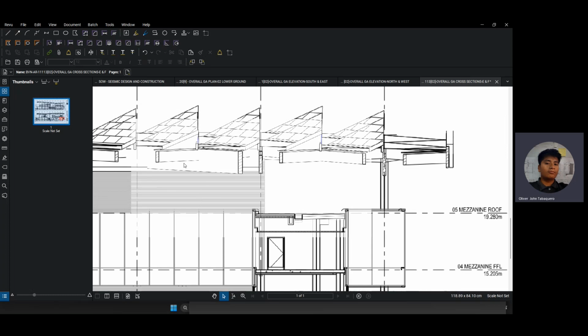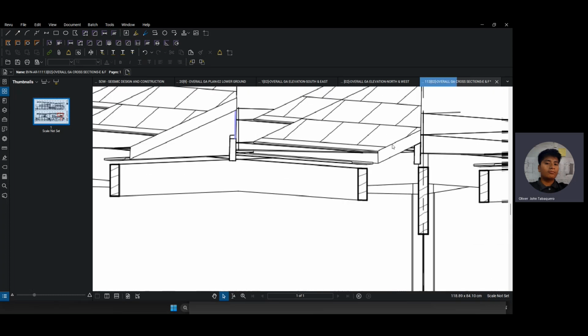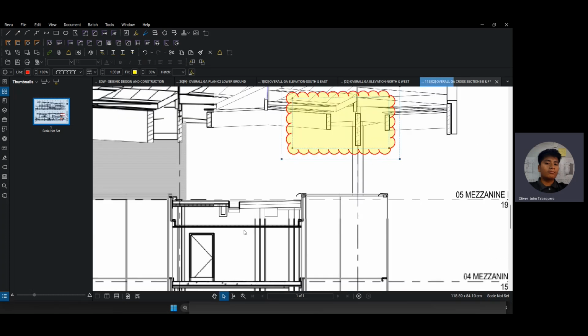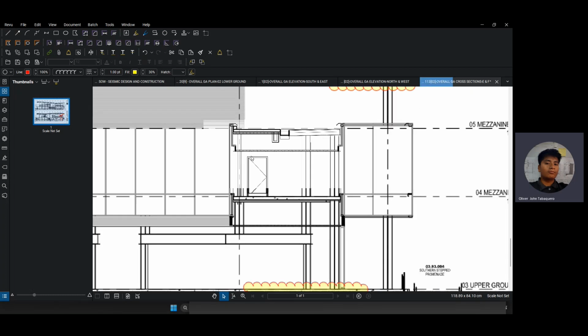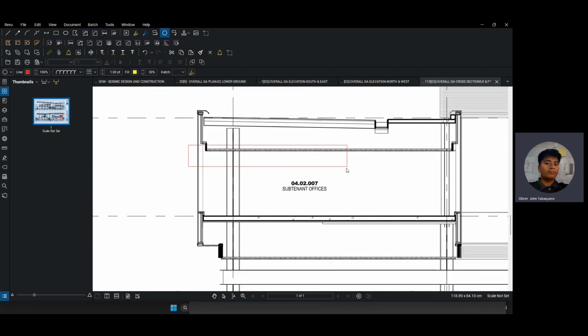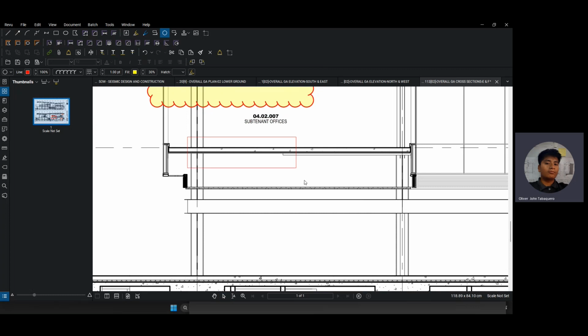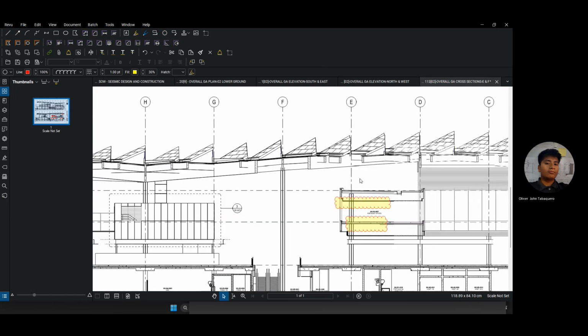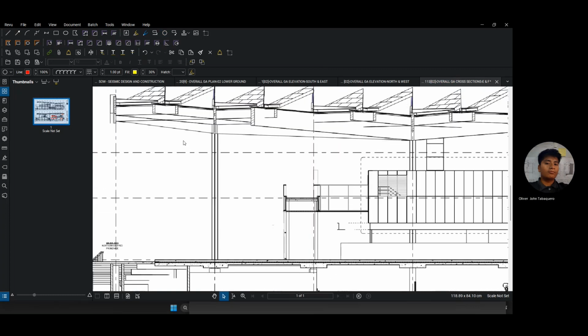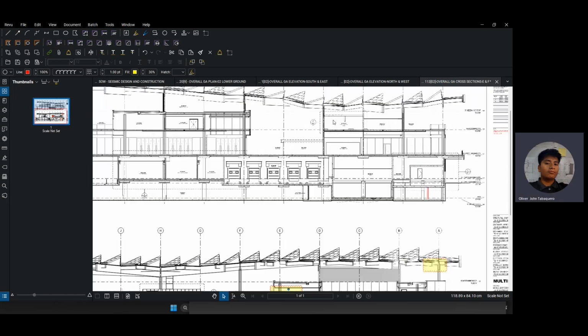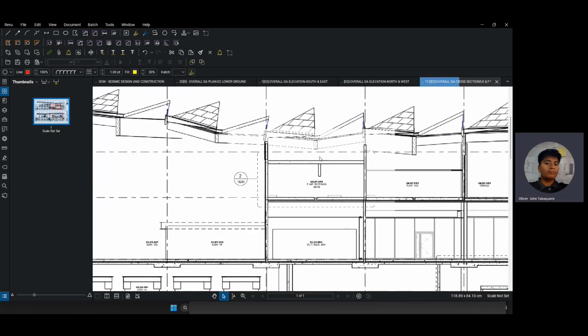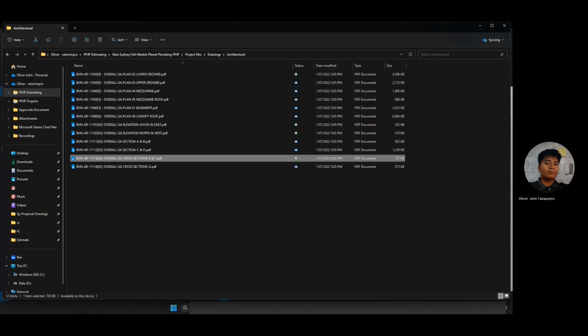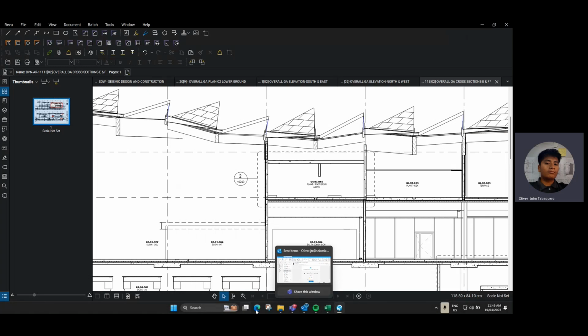But going to here, we can see that apparently we also have some timber and some non-structural soffit here. This is concrete again. Okay, so sure, let's play with that.